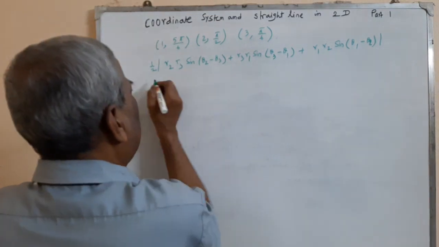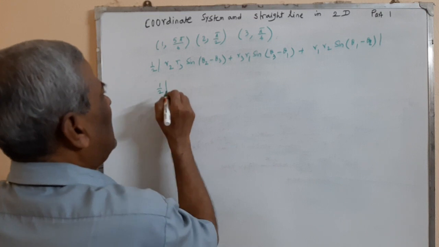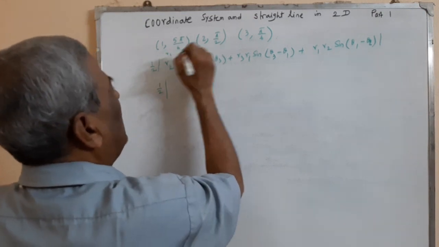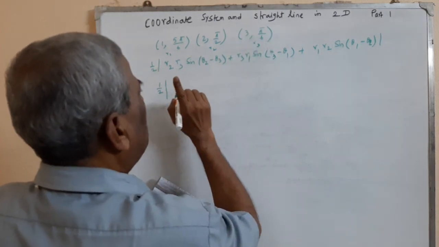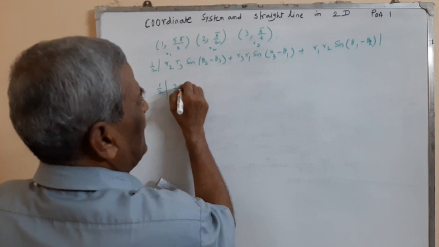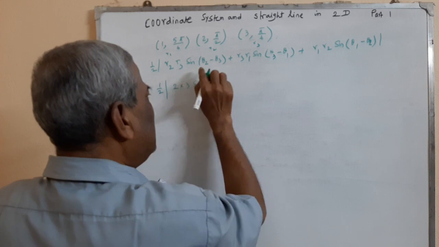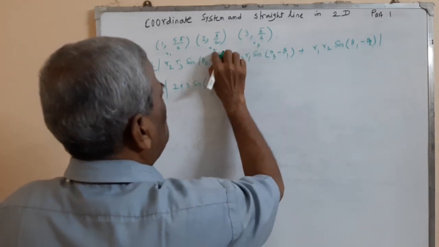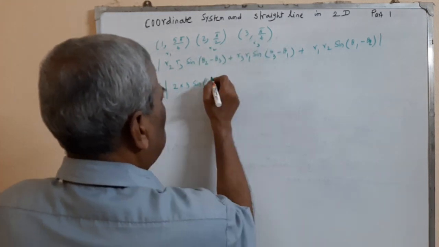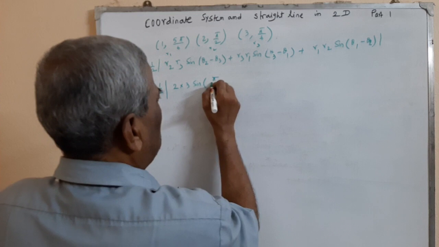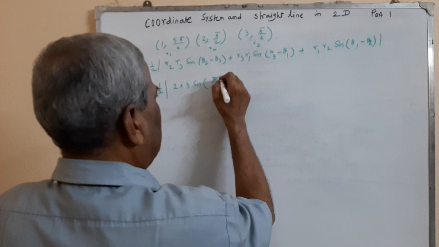The area is, in square units, half of the modulus of: R2 into R3, that is 2 into 3, into sine of (theta 2 minus theta 3), which is pi by 2 minus pi by 6, so it is pi by 3, that is 90 degrees minus 30 degrees.